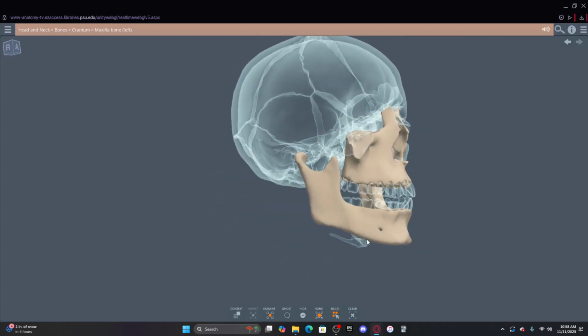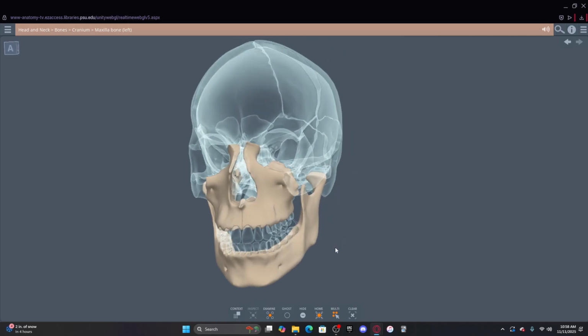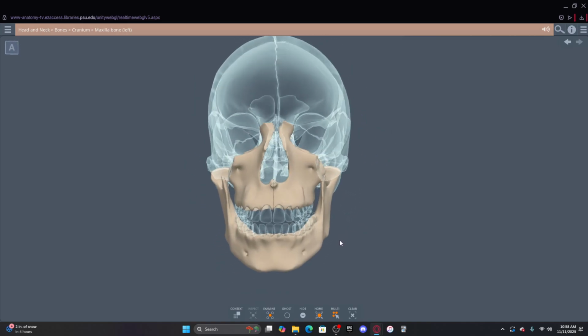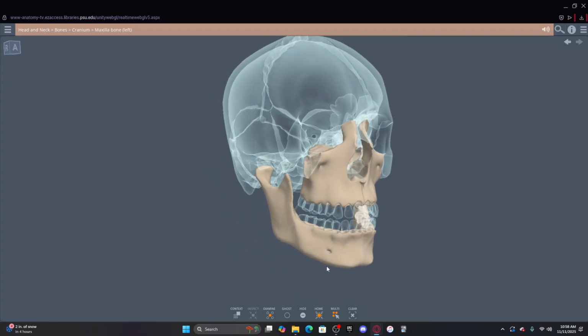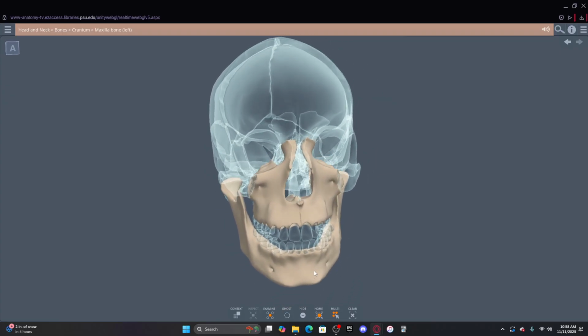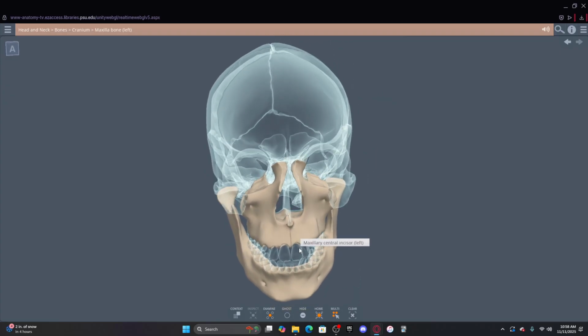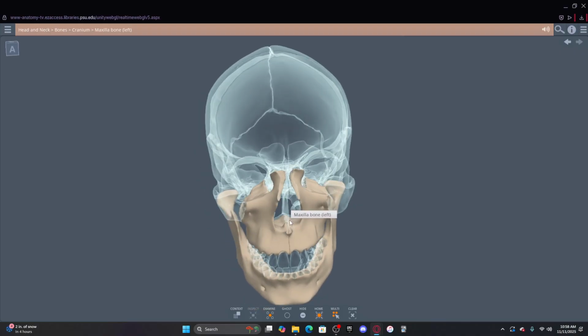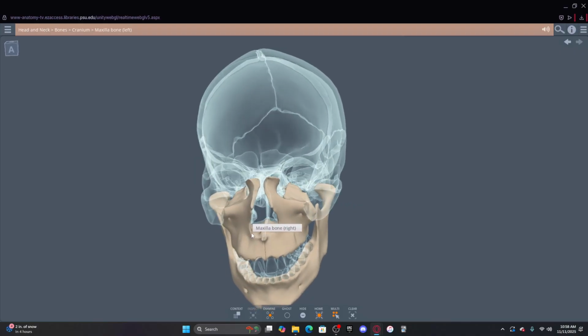Again, remind yourself of the borders of these bones. Mandible, maxilla. Right, and then from there, I want to remind you guys that inside of the nasal cavity, you can still see the maxilla on the inferior aspect of the nasal cavity.